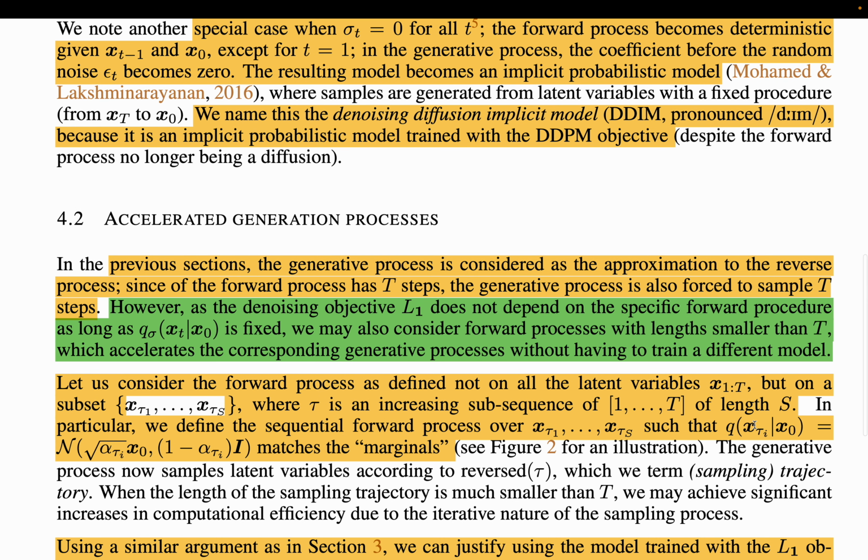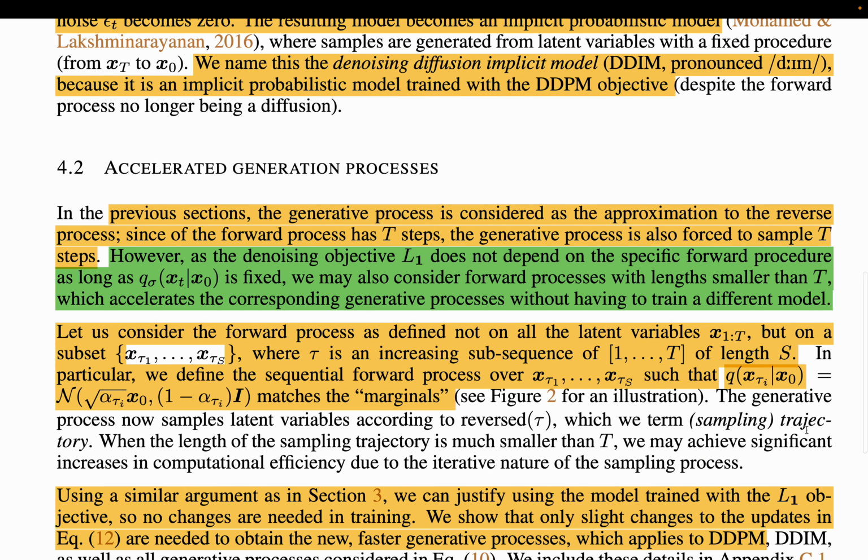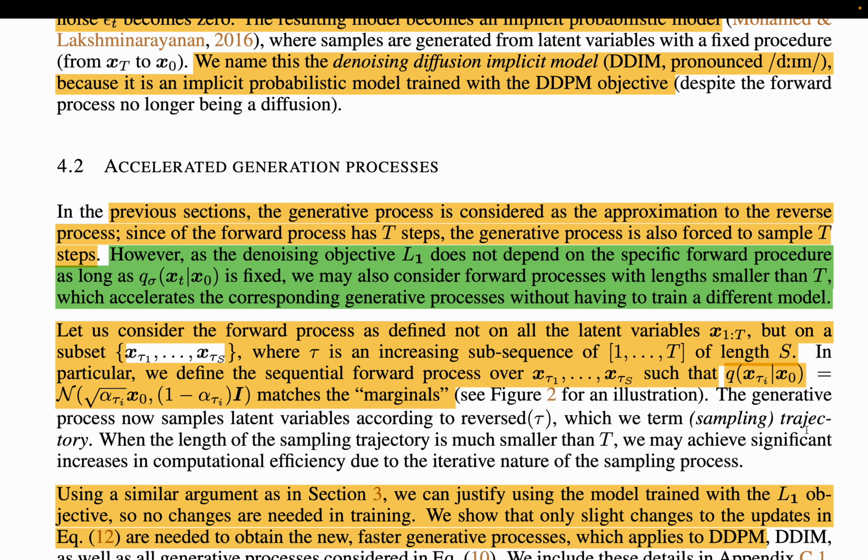If this is the correct marginal, that's fine. So you can train your DDPM with 1000 time steps, and then during inference, use DDIM with only, for example, 50 time steps.